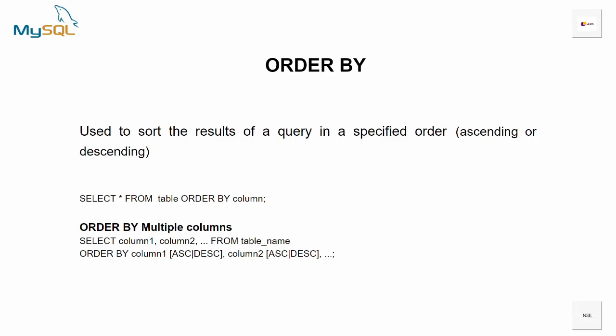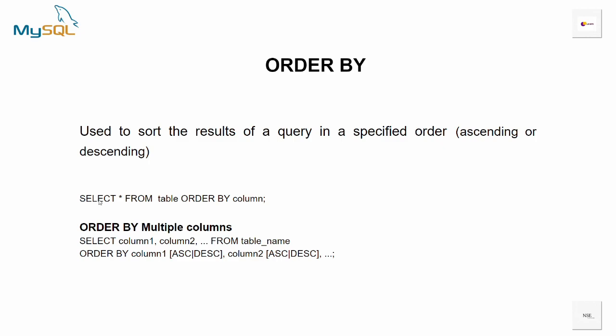So when using order by, you specify the order that you want your data to appear. That's the order we just talked about, either ascending order, that would be from bottom up, or descending order, that would be from top down.